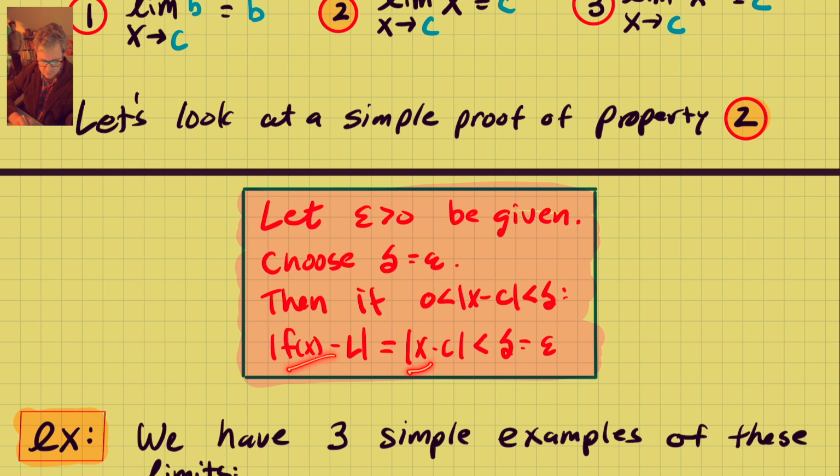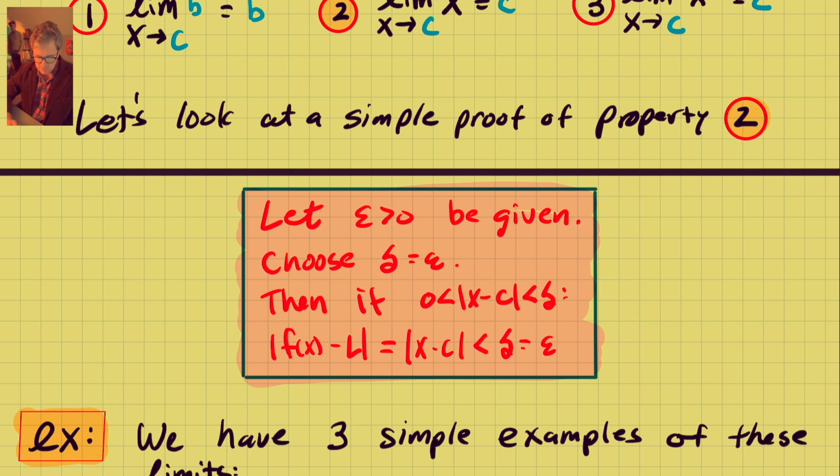So f(x) is just x, and L is just c. So |f(x) - L| is just |x - c|. And if we assume that |x - c| is less than delta, and delta was set equal to epsilon, then we can get the distance between the function and the limit less than epsilon by just making delta equal to epsilon. So they don't get much simpler than that.